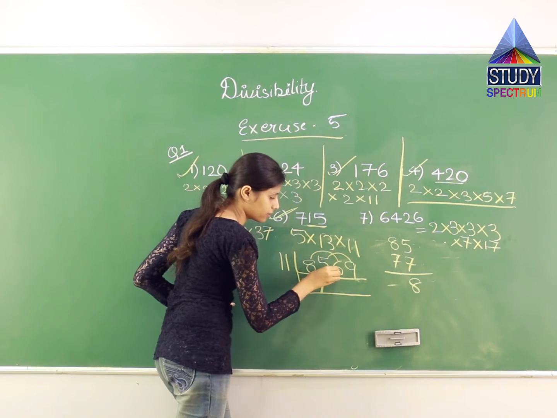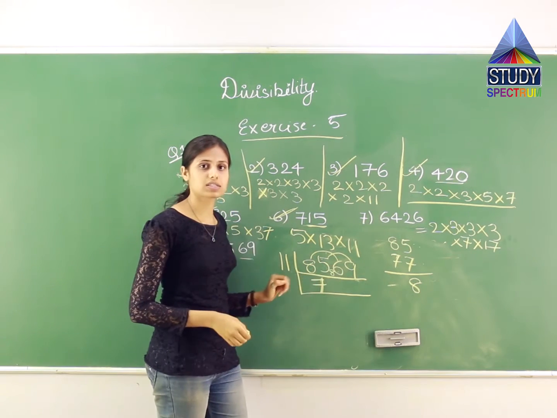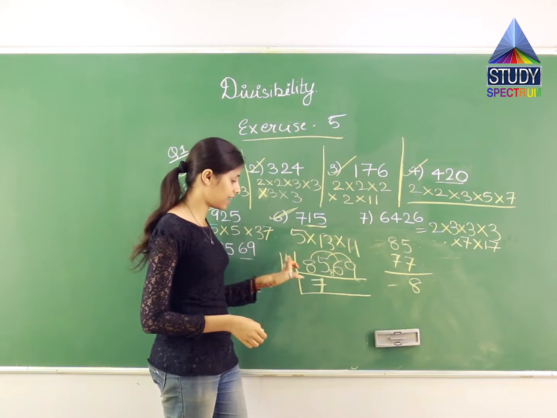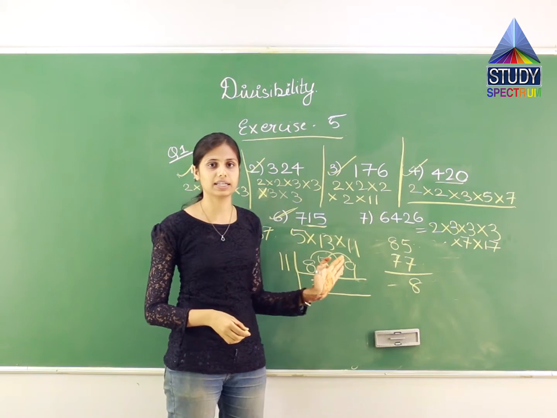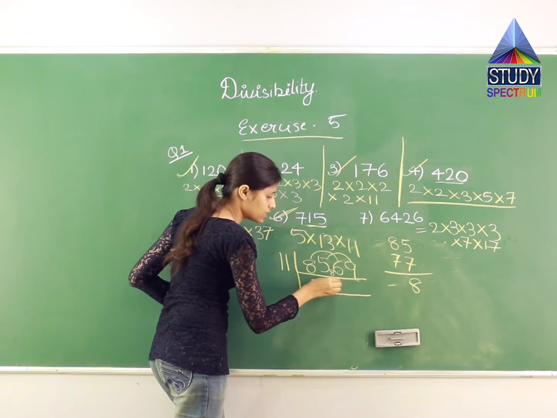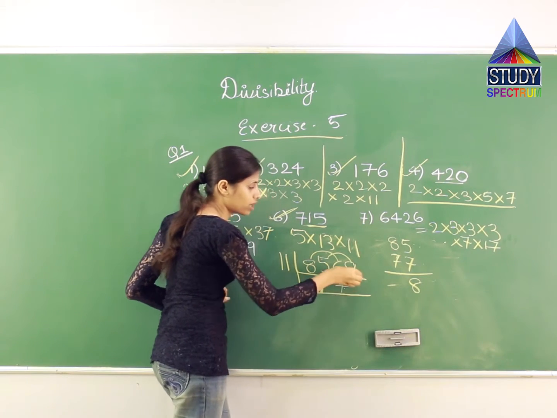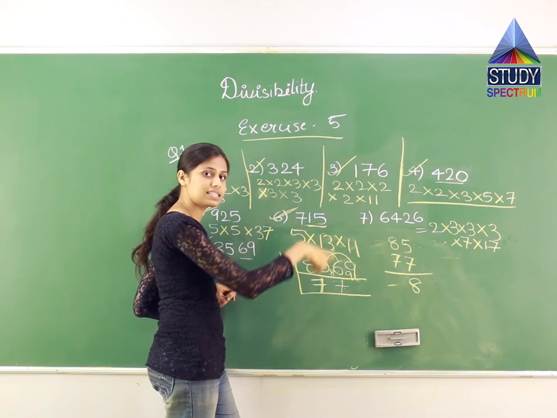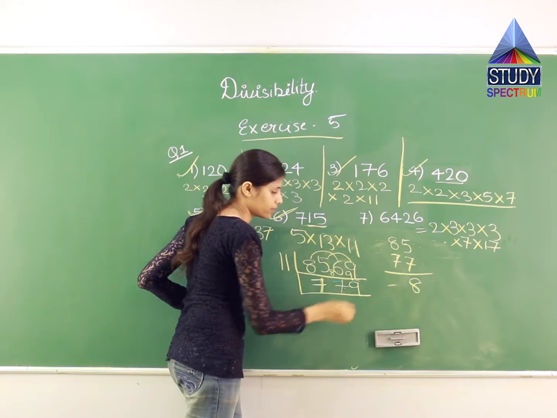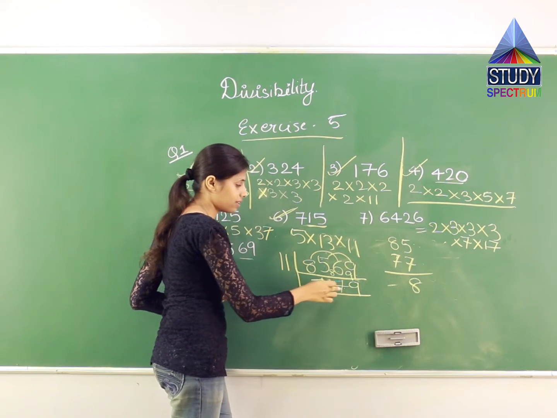I am writing 8 over here. I got 86. Again 86: 11 8s are 88, which is greater than 86, not possible. So I'll take 7 again, which gives me 9 over here. 11 9s are 99. So I can write 9 over here. So I get 779.